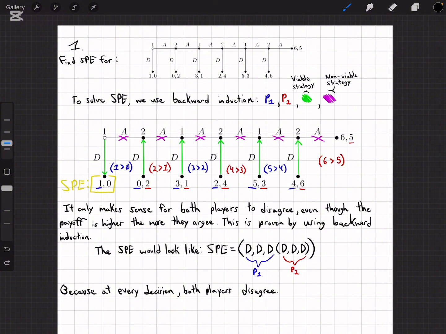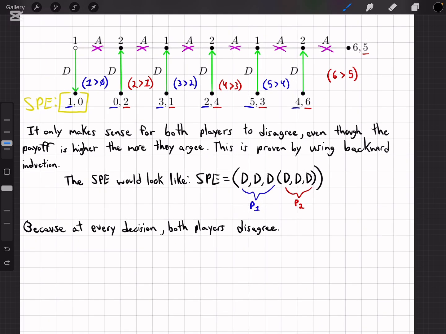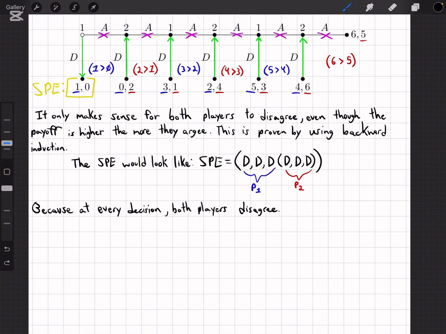So I just wrote down here, it only makes sense for both players to disagree. So D means to disagree, and A means to agree. It only makes sense for both players to disagree, even though the payoff is higher the more they agree. This is proven by using backward induction. So this is exactly what we did.